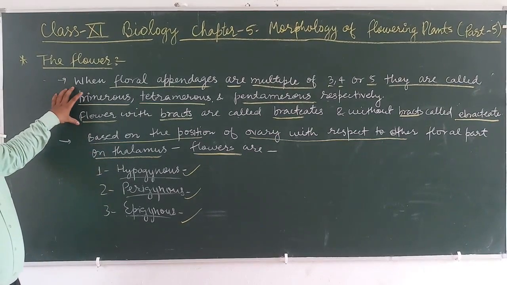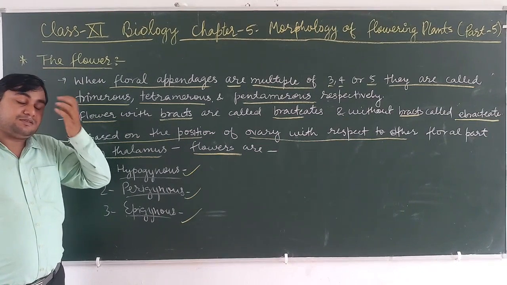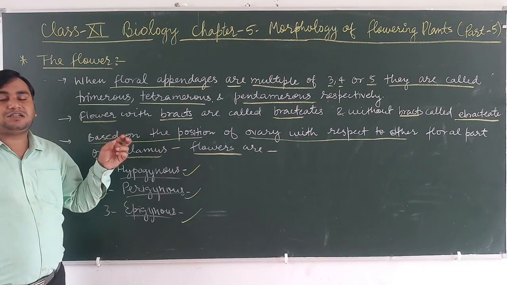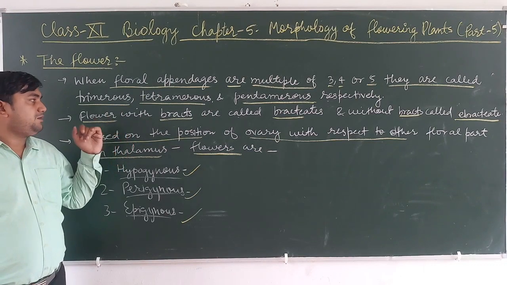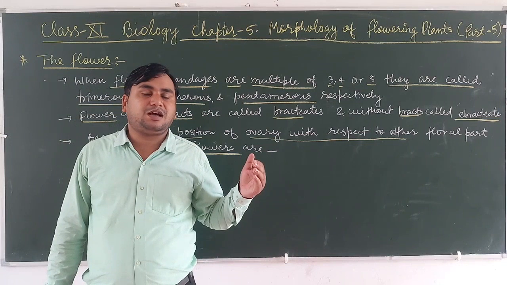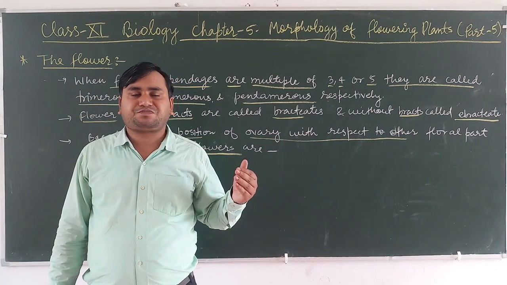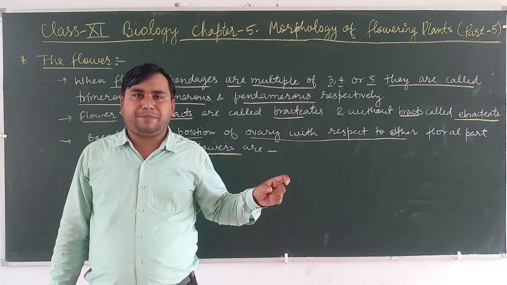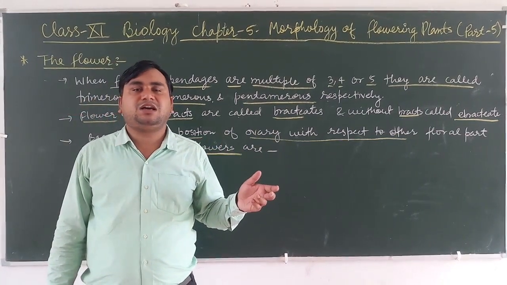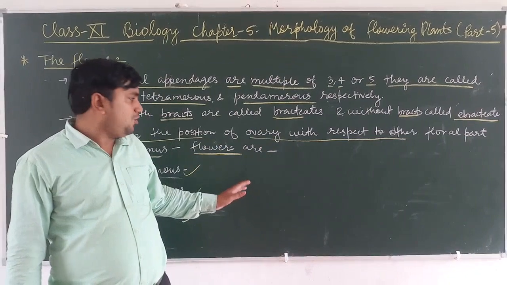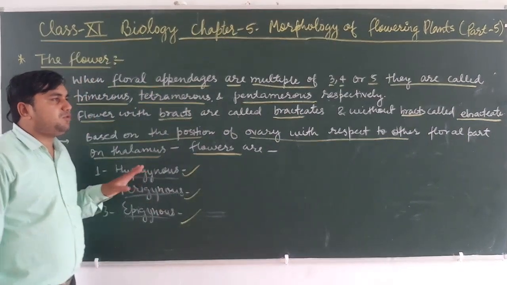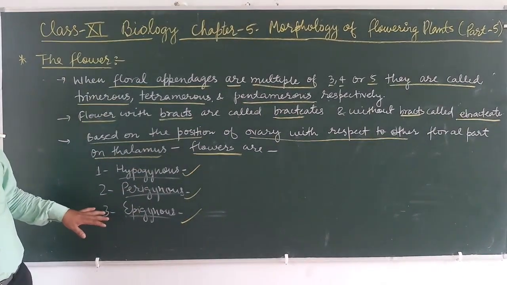Once again, floral appendages in multiples of 3, 4, 5 are trimerous, tetramerous, and pentamerous; flowers with bracts are bracteate and without bracts are ebracteate.